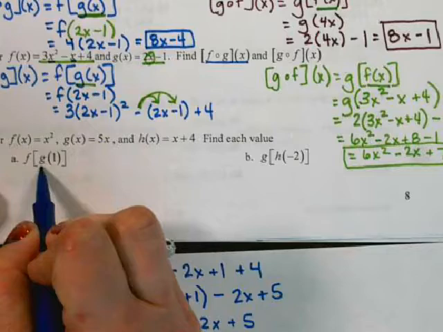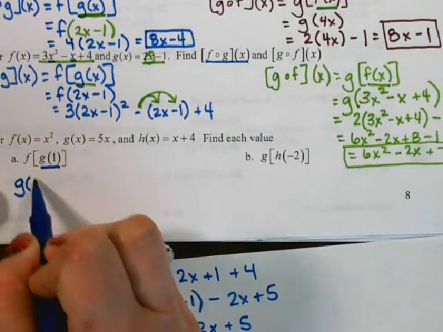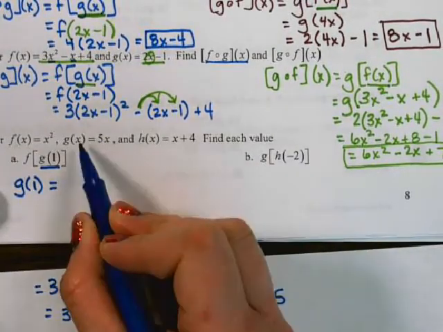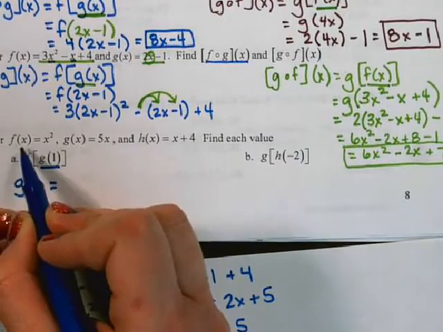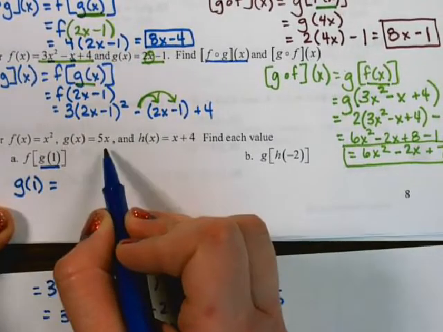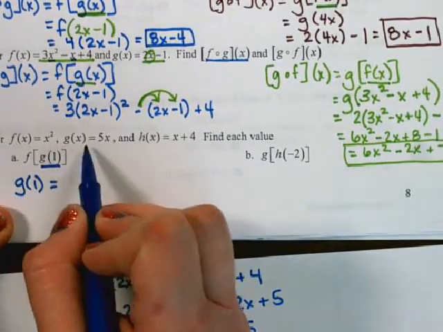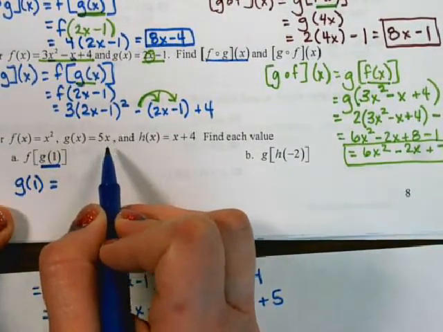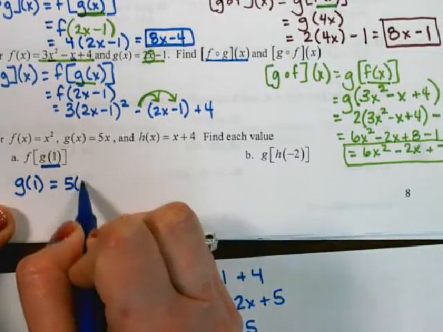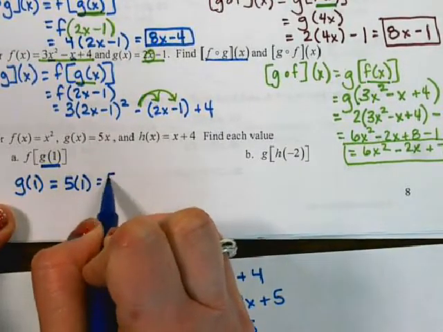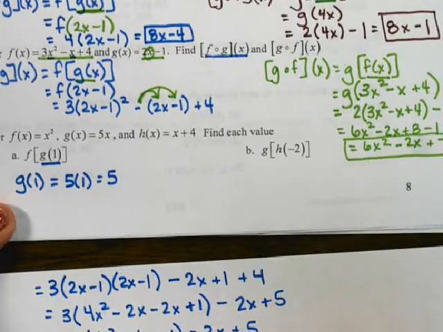So I'm going to start with g of 1. If I plug 1 into my g function, I have f of x equals x squared, g of x equals 5x, and h of x equals x plus 4. So I'm going to go to my g equation and replace the x with 1. Well, what's 5 times 1? 5.